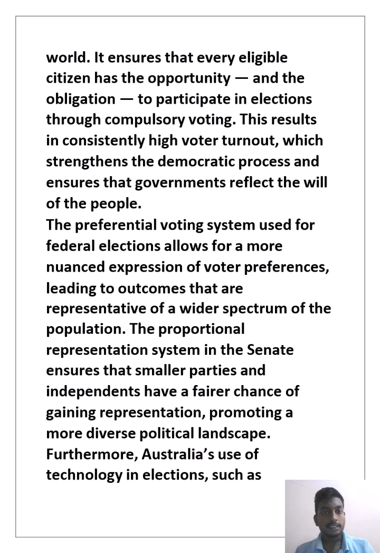This results in consistently high voter turnout, which strengthens the democratic process and ensures the government reflects the will of the people. The preferential voting system used for the federal elections allows for more nuanced expressions of voter preference, leading to outcomes that are representative of the wider spectrum of the population.